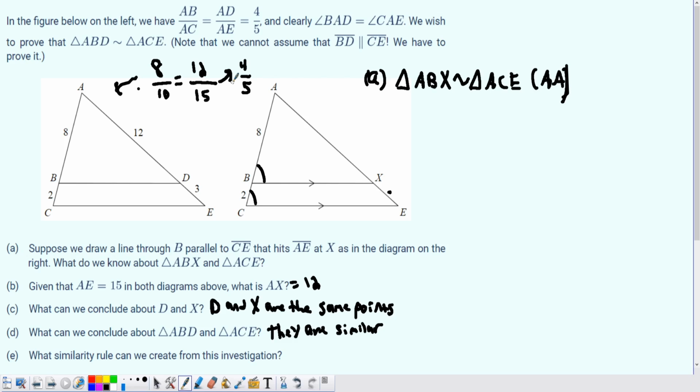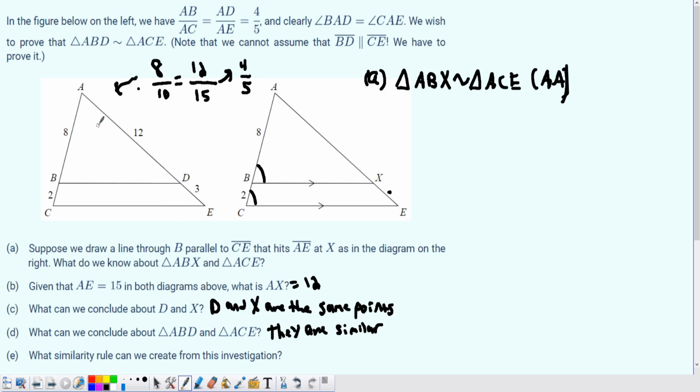And through that, we also know that the two triangles are similar through all of our work. And because they're similar, what did we start with? We just started with the fact that we have two proportionate sides, AB, AC, and AD, AE, and something else.